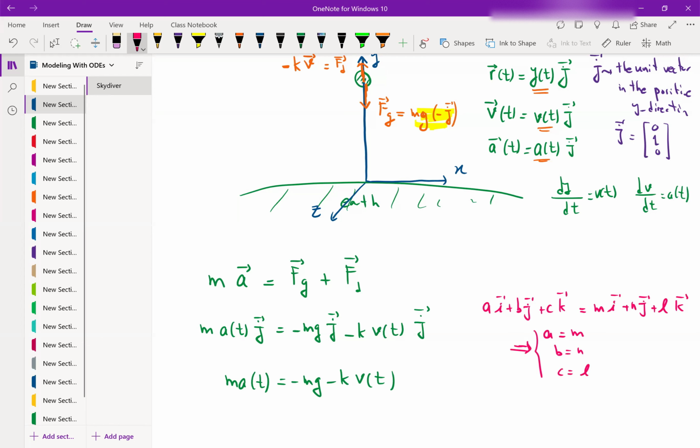This is due to the fact that the vectors i, j, and k are linearly independent. Now, i is the unit vector in the x direction, j is the unit vector in the y direction, k is the unit vector in the z direction.